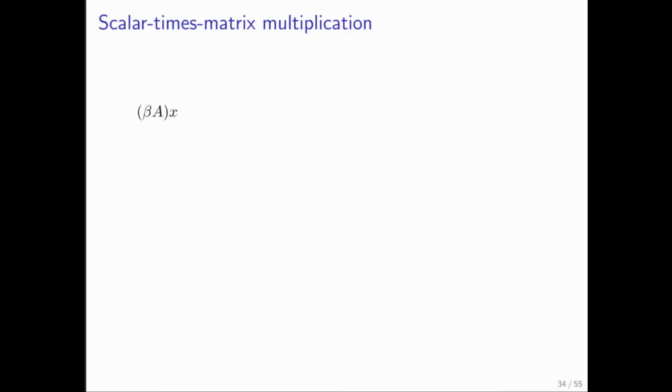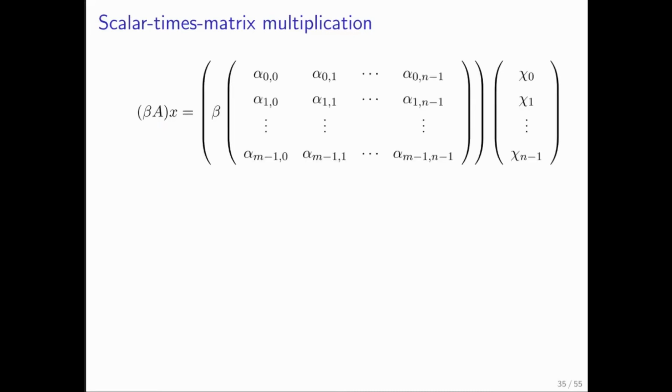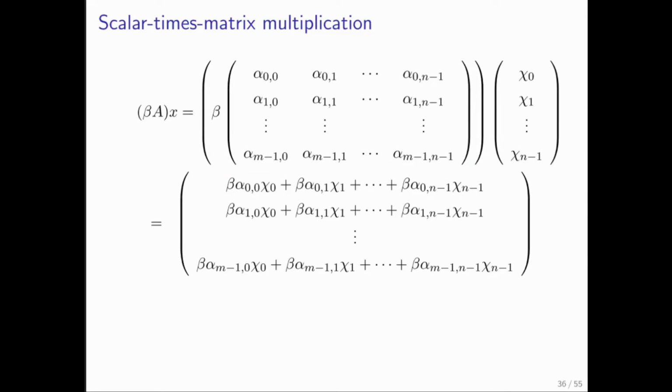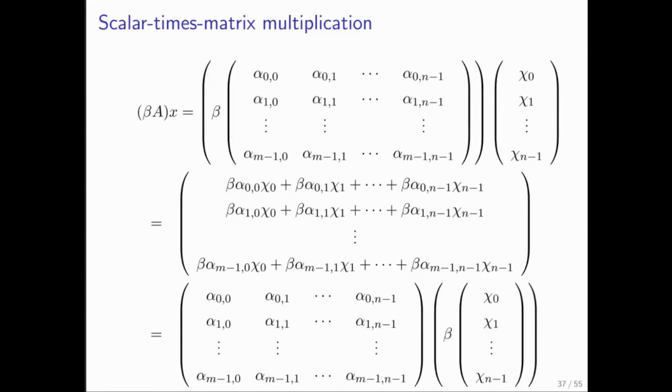What it means is that beta times A times x is the same as beta times the matrix times the vector x. That's the same as multiplying everything out. And that's the same as multiplying the matrix times the scaled vector x. What we conclude from that is that beta times A times x is the same as A times beta x.